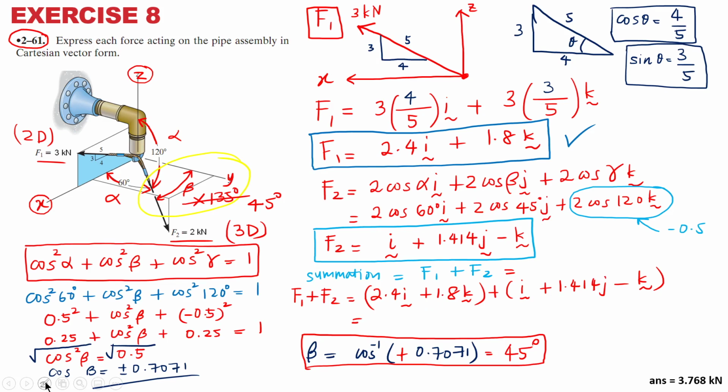You have to solve part by part. I with I, you get 3.4 I. J, there's no other J, so 1.414 J. Finally K, so plus 0.8 K. This is your F resultant.